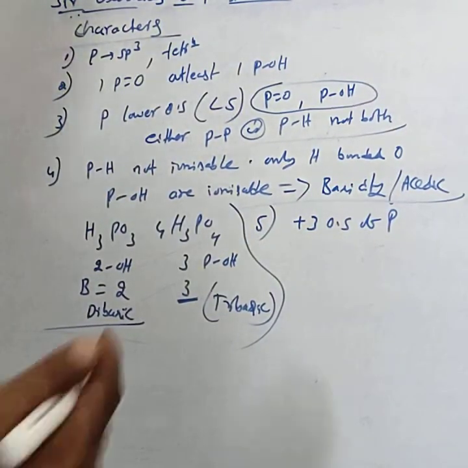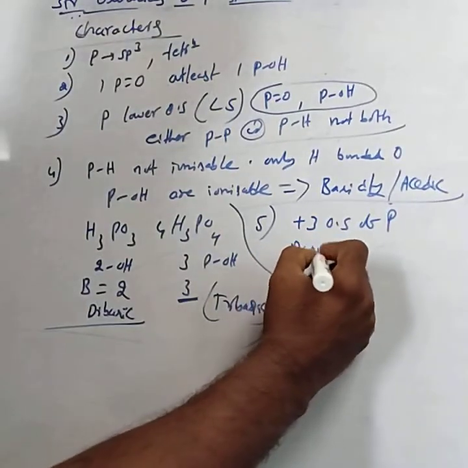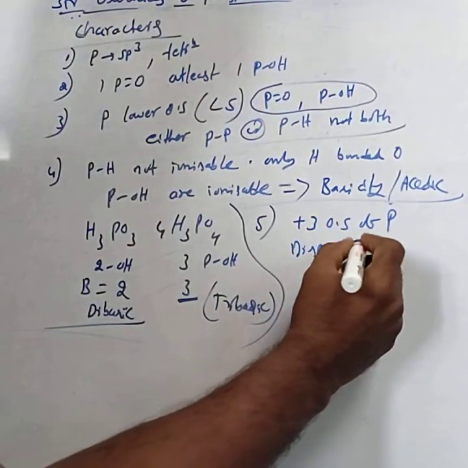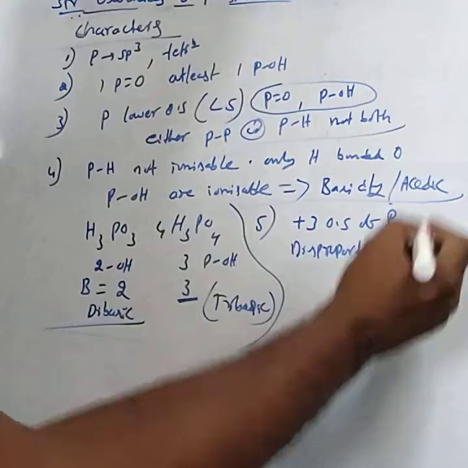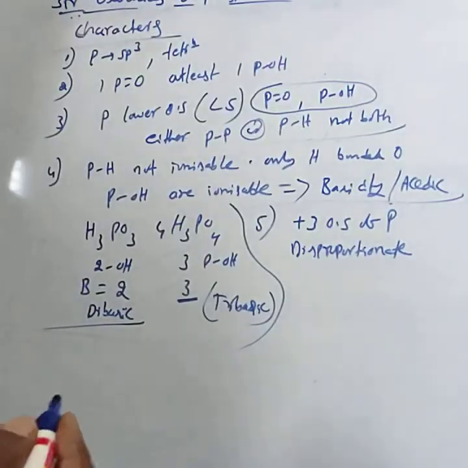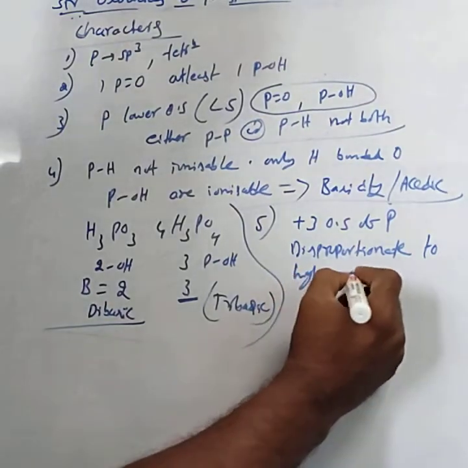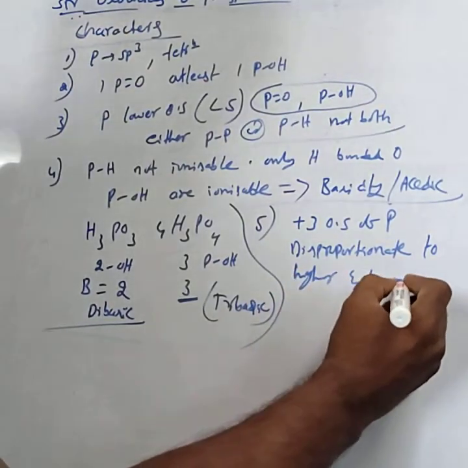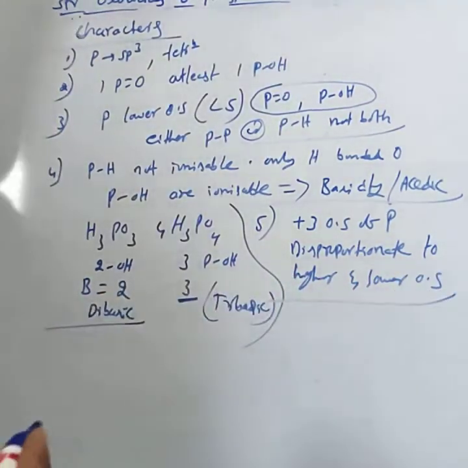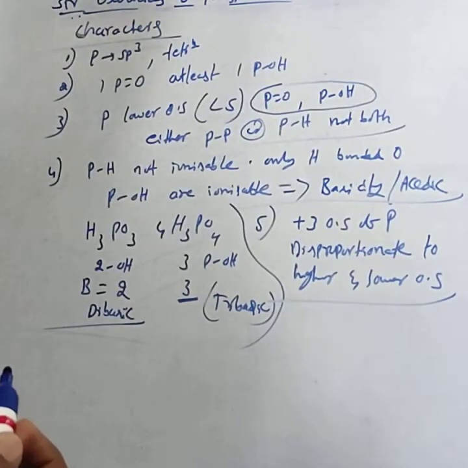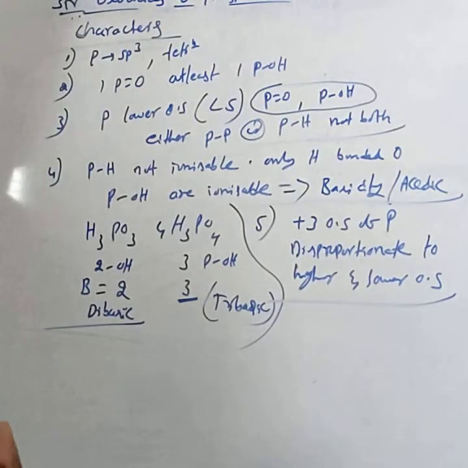They undergo disproportionation to higher and lower oxidation states. If phosphorus is present in the +3 oxidation state, they disproportionate into higher and lower oxidation states.